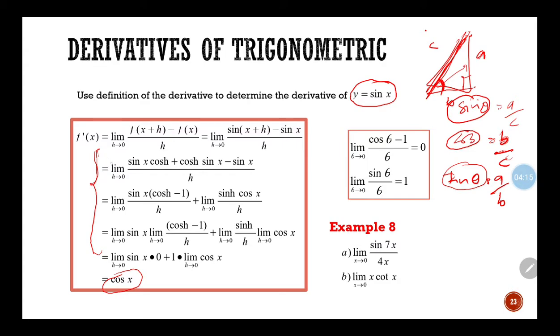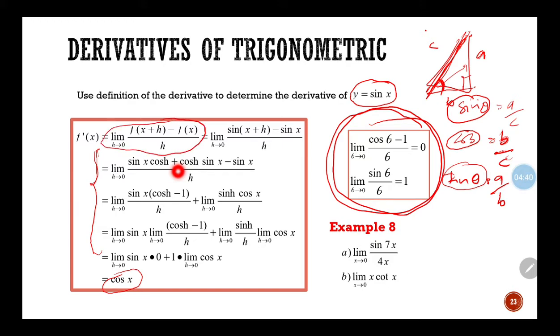But out of this also, I'm going to discuss with you another important thing that you need to know. So what does it mean by this? Let's have a look at this first. From the definition of derivative that we have discussed earlier, this part should be familiar to all of you now. Limit of f(x + h) minus f(x) over h as h approaches 0.